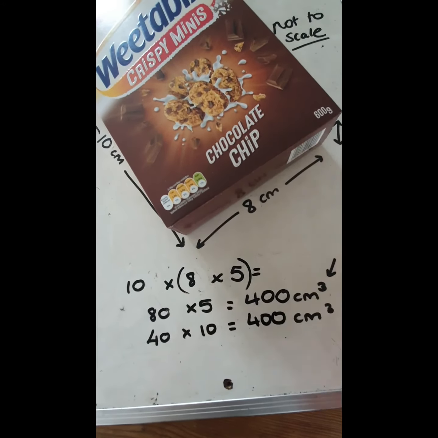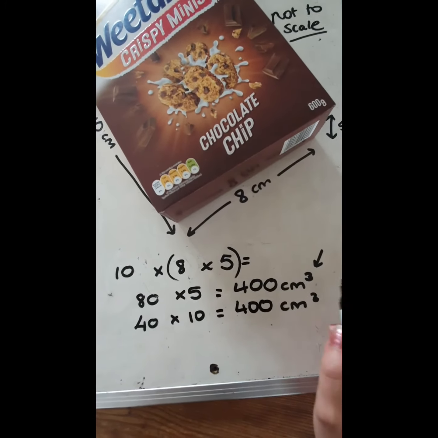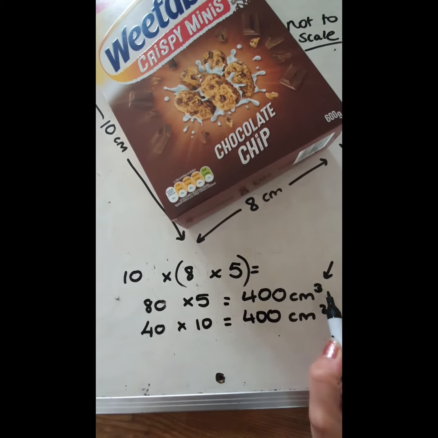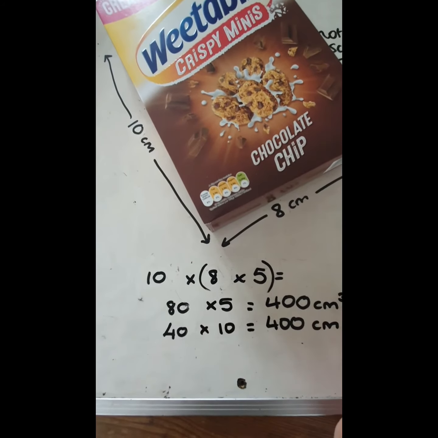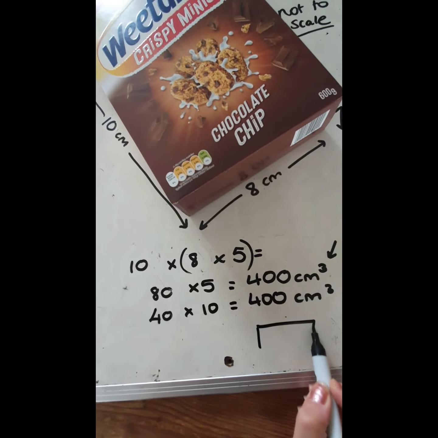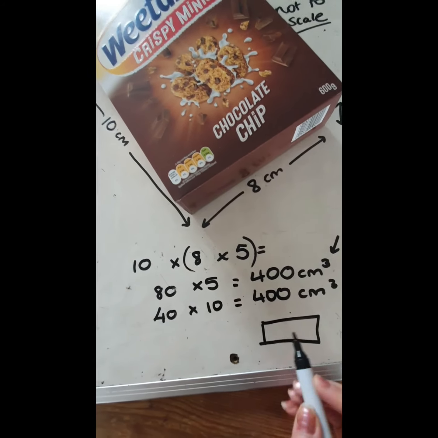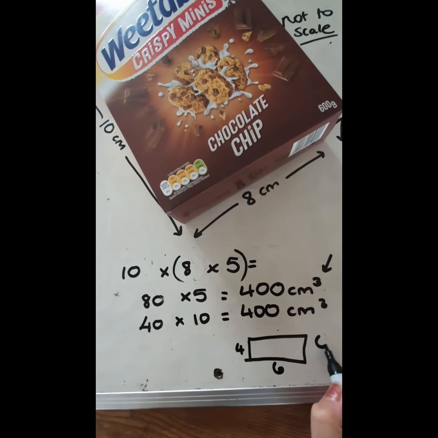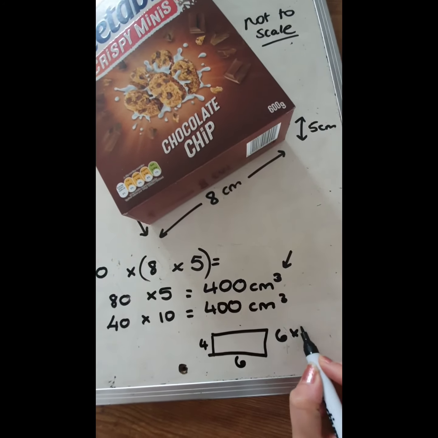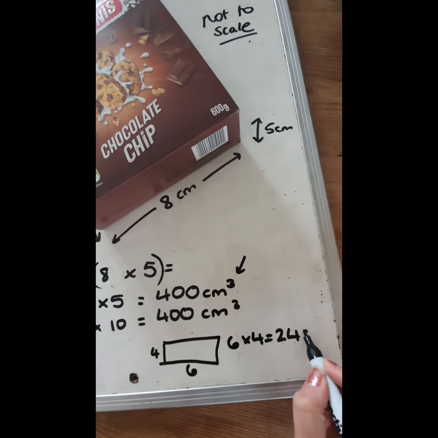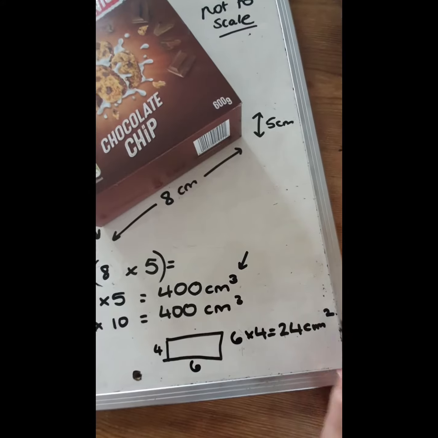Now the reason I've put a small 3 here in my answer and not a small 2 is because we are writing cubes, not squares. So when we had to find the area of 2D shapes last week, and this was 4 and this was 6, you were writing 6 times 4 equals 24 centimetres squared.